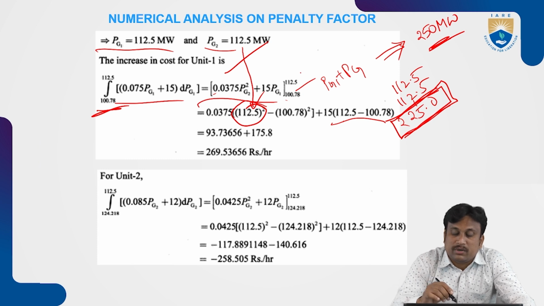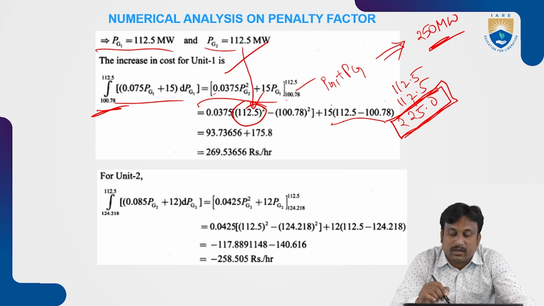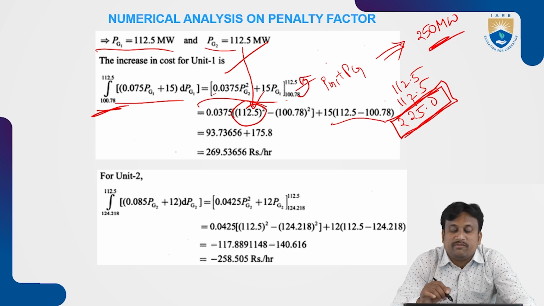We need to take the difference of these two because the limits are applied from 100.78 to 112.5.